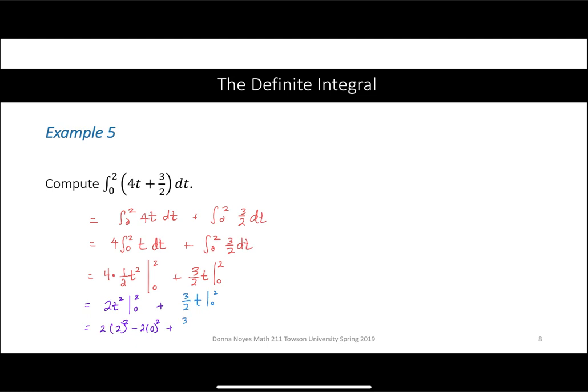The second term would be 3/2 times 2 minus 3/2 times 0. Once we eliminate the zeros, what we really have is 8 plus 3, which is 11.